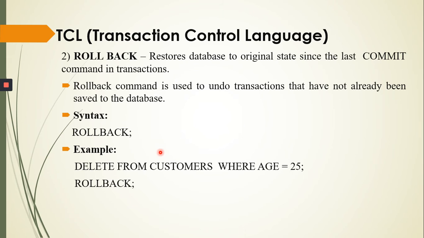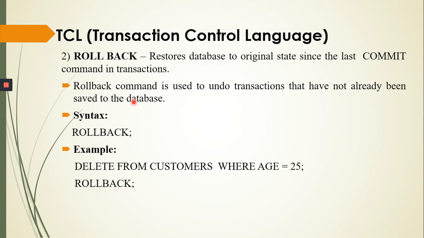Now next is rollback. As the name suggests, it restores the database to its original state since the last commit command. Remember, the commit command is used to save the database permanently. If we want to restore the database, we have to use the rollback command. The rollback command is used to undo transactions that have not already been saved to the database.